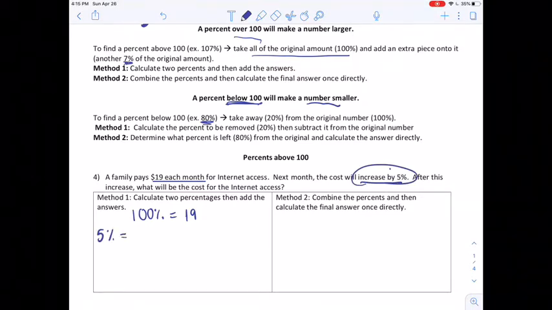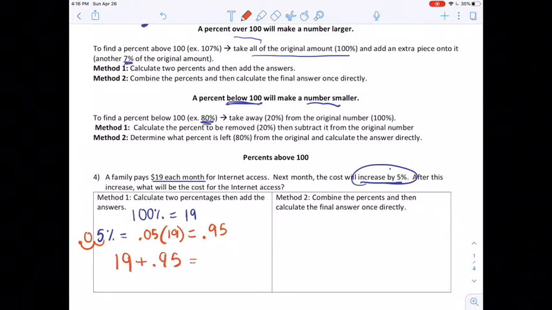So 5% as a decimal, remember, move the decimal 2 spots over, would be 0.05. And I want to know what 5% of 19 is, so I'm going to multiply that by 19. And 0.05 times 19 is equal to 0.95. And then I'm going to add those 2 numbers together. So 19 plus 0.95, I get $19.95.